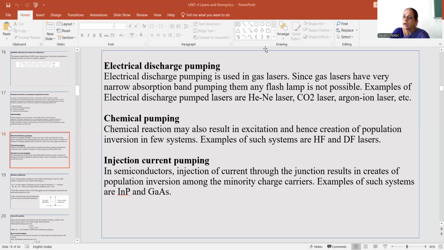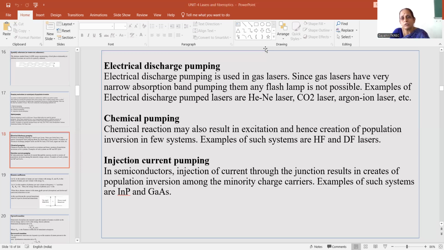As I said, Einstein was the person who gave the theoretical idea about stimulated emission. We are going to see how he correlated the mechanisms, that is, how radiation interacts with matter, into equations called Einstein coefficients.